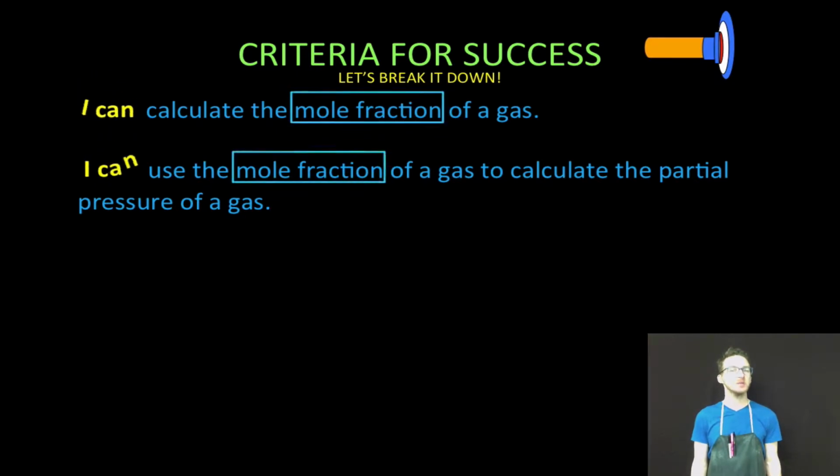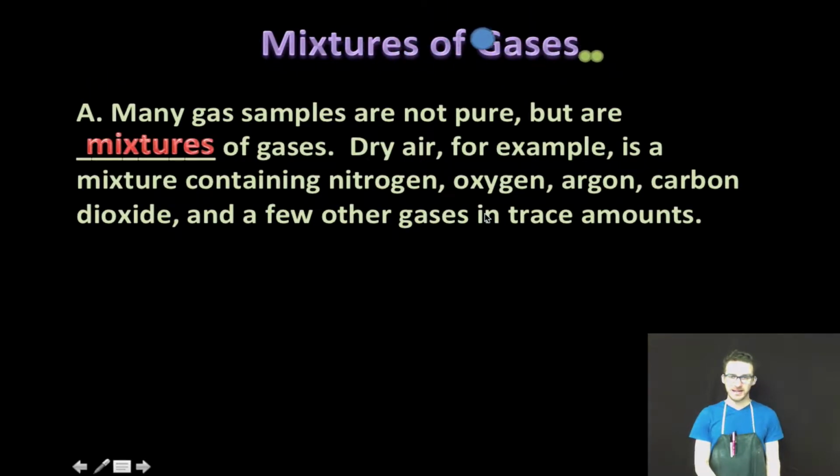Alright, so recognize that many gas samples are not pure, but are mixtures of gases. Air, for example, is a mixture containing nitrogen, oxygen, argon, carbon dioxide, and a few other gases in trace amounts. Mixtures of gases are everywhere. You're swimming through one right now.